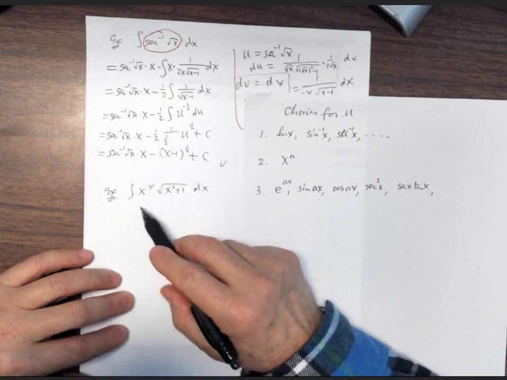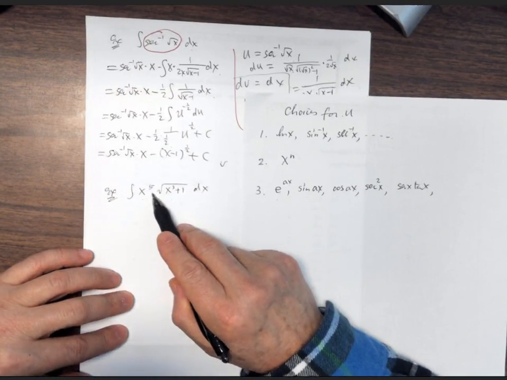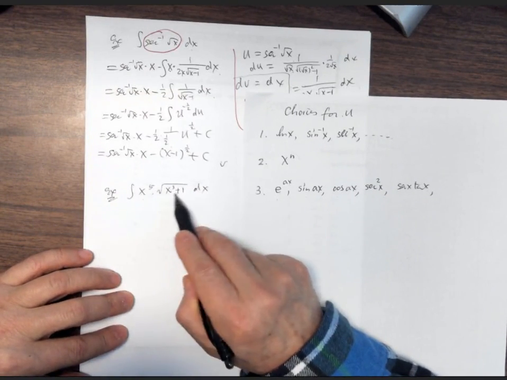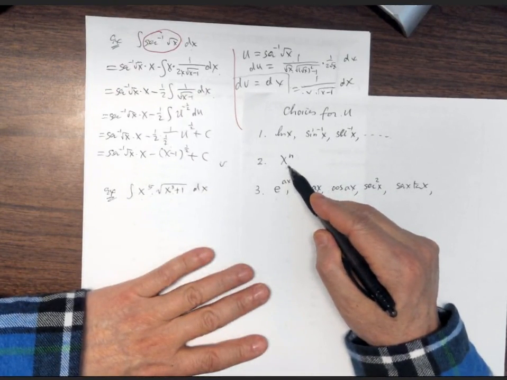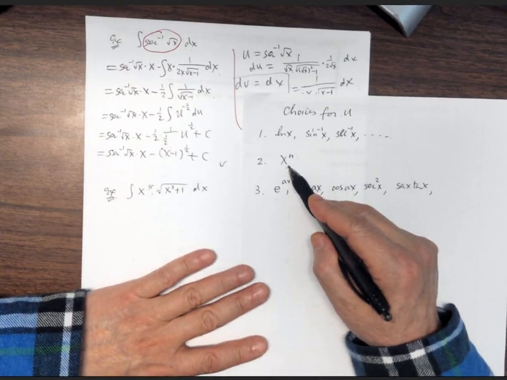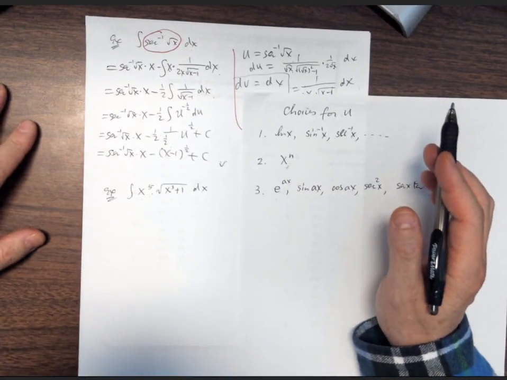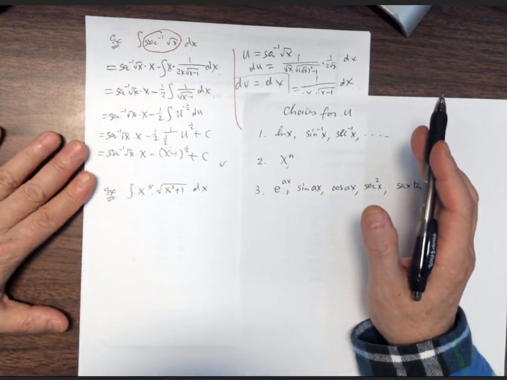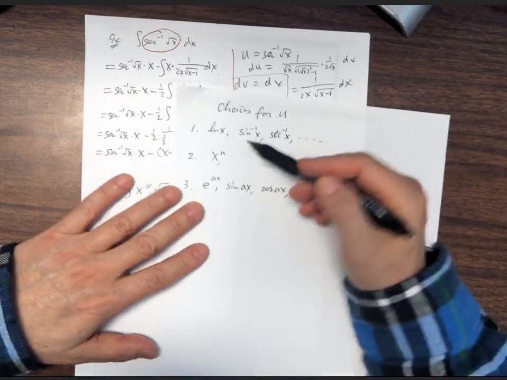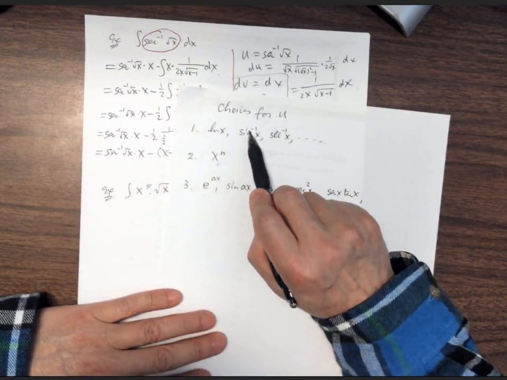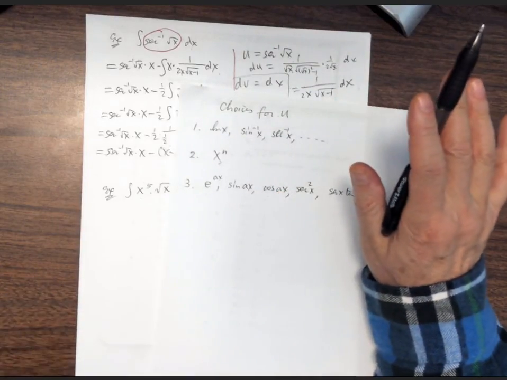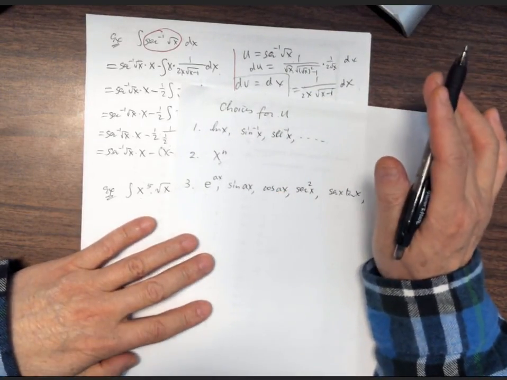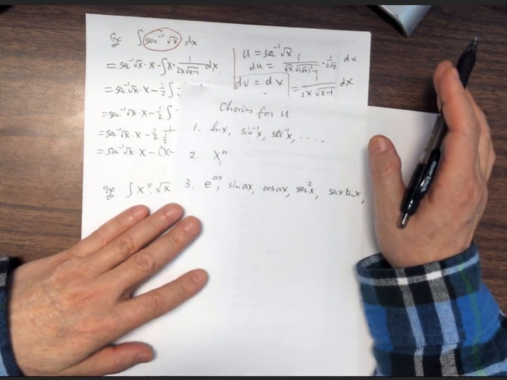When you have a combination of two functions both from the second group, you never try integrating by parts. Integrating by parts will not work. If you have a combination of one function from this group and one function from this group, yes, that's a pretty standard, typical integration by parts problem.